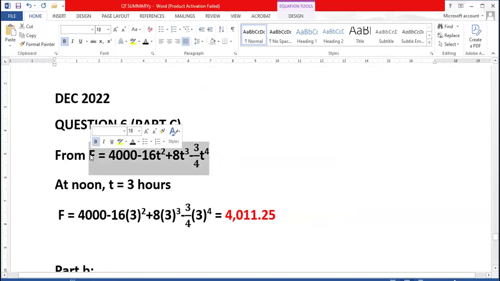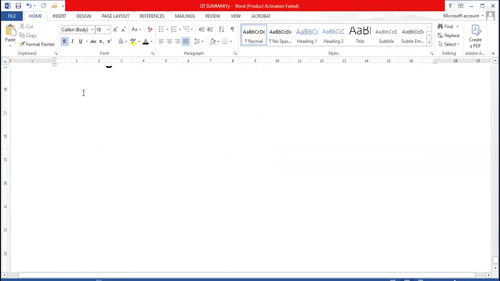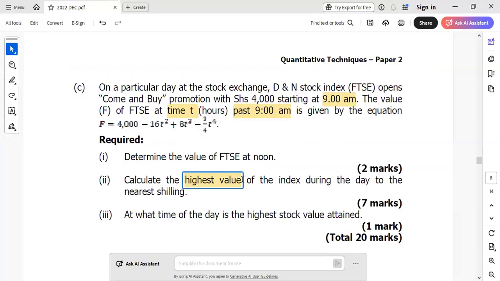here, from what we had here. So where there is T, put our value of 6.31. So here it will be 4,000 minus open bracket 16 times 6.31, because here the question doesn't want you to get T. The question is saying you get the highest value.